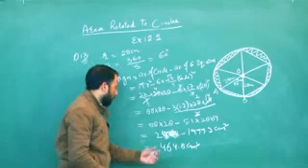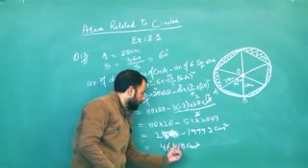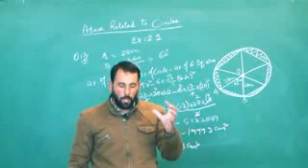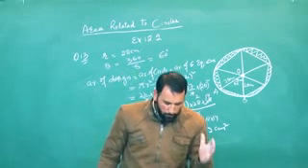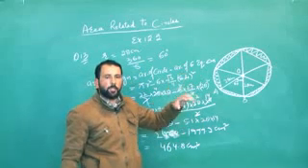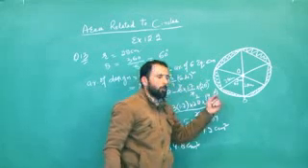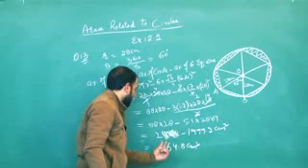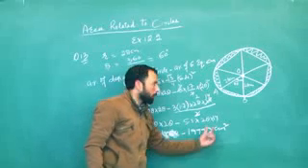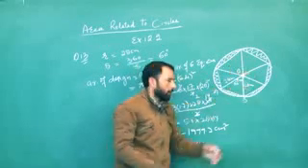So the area of a design is 464.8 square centimeter. Now the second part of the question is, what is the cost of the design? If the cost of 1 square centimeter is rupees 0.35, we multiply 464.8 with 0.35 and we get the cost of the whole design.